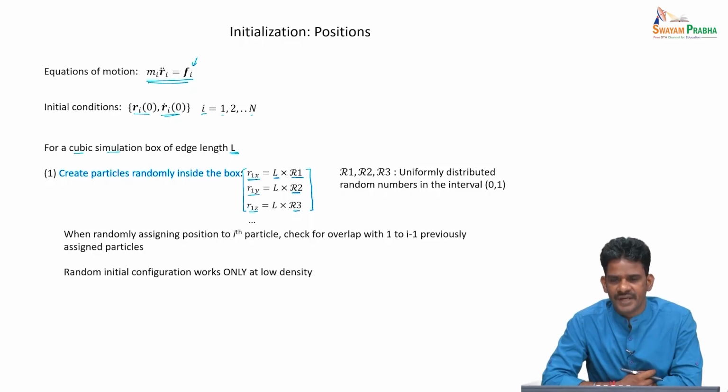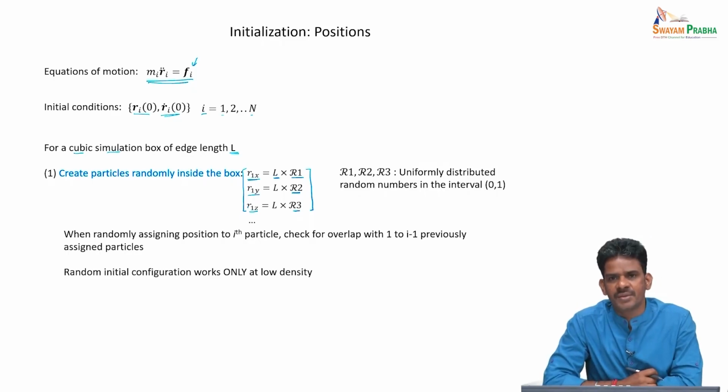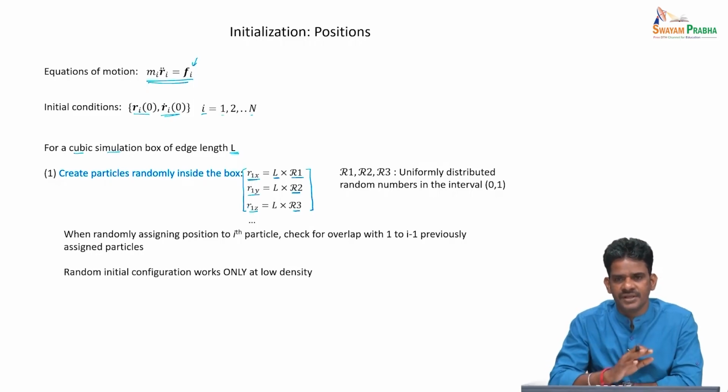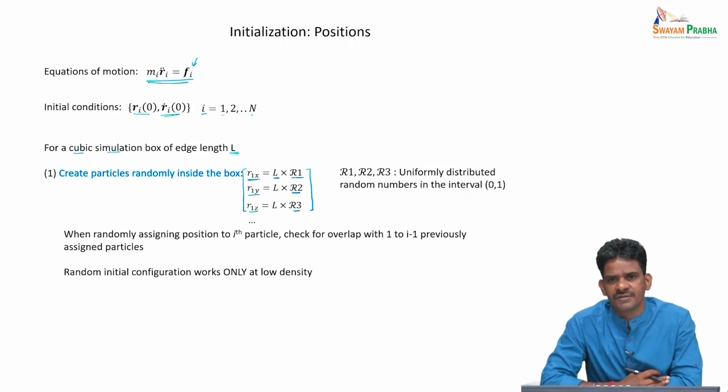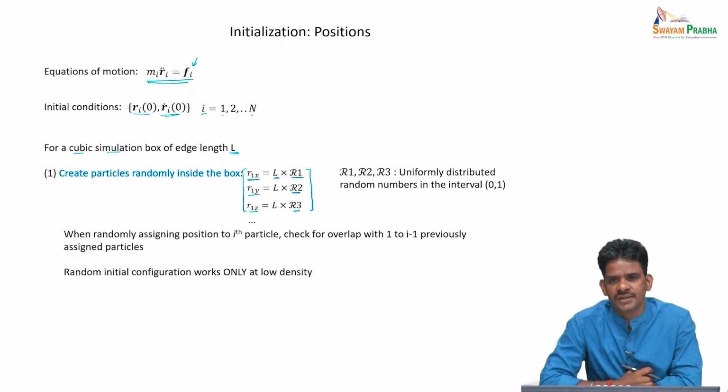However, we have to be careful when we use a random initial configuration like this, because when we try to put a particle inside the simulation box by this random assignment, the particle might overlap with the particles already present in the box. Let's say you put the first particle there; the entire box volume is available for the first particle's position, whereas when you put the second particle, we have to ensure that it does not overlap with the first particle which is already present.